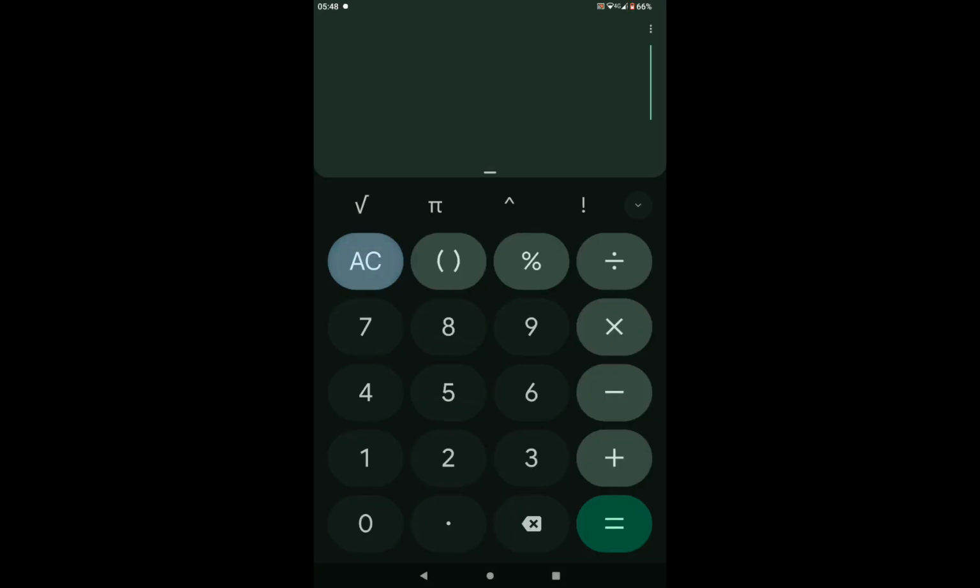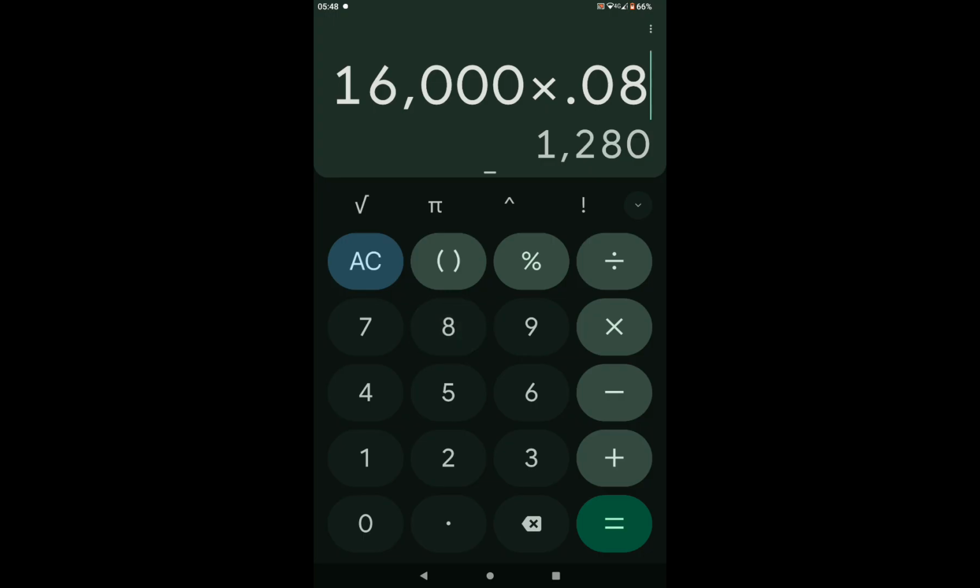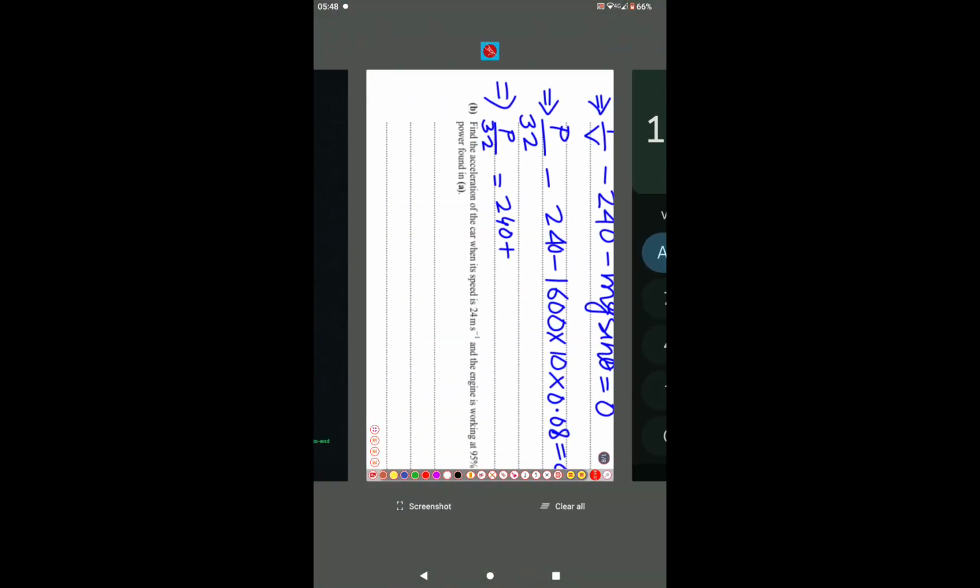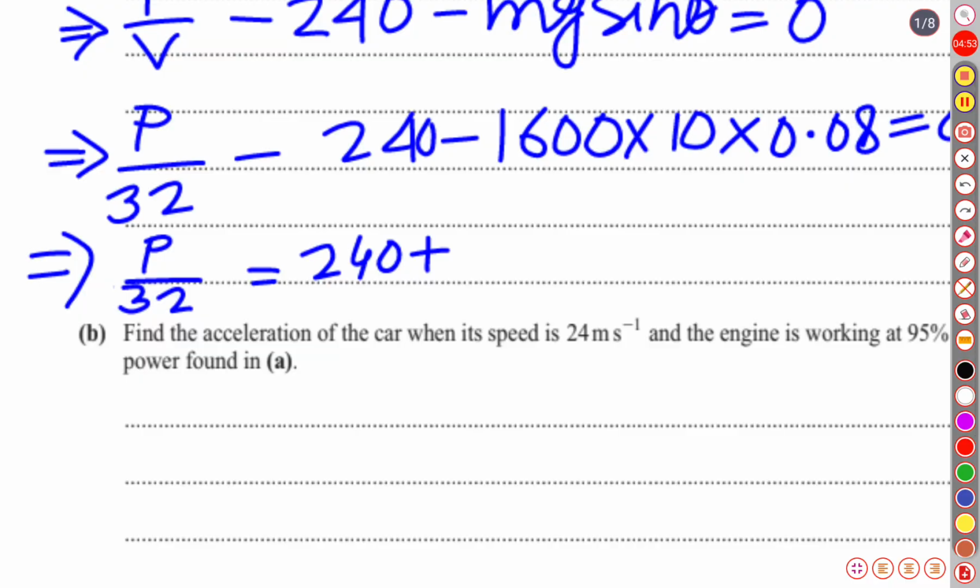16,000 into 0.08 is 1280. Hence our P is finally going to be 240 plus 1280, which is 1520, into 32.